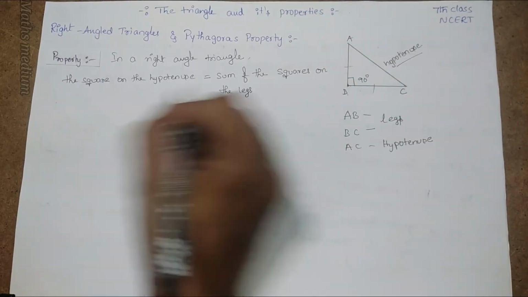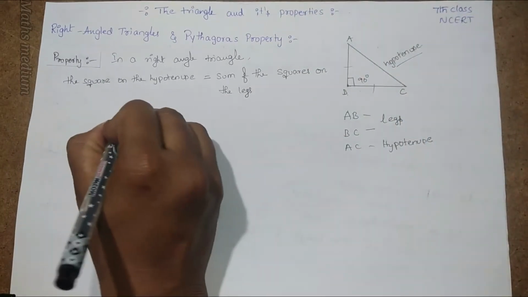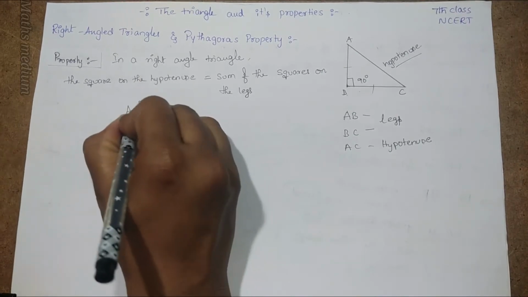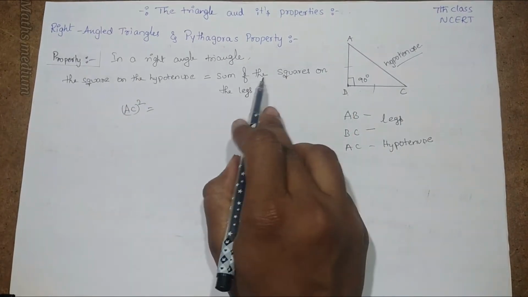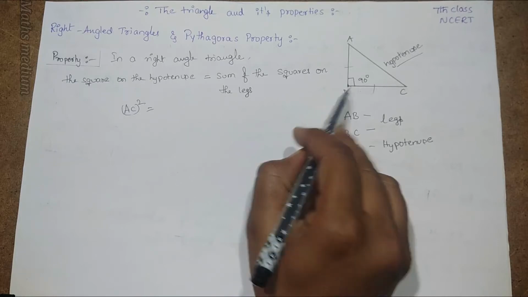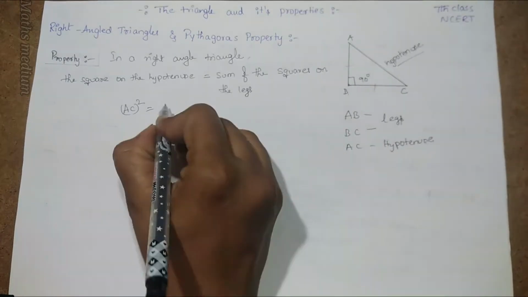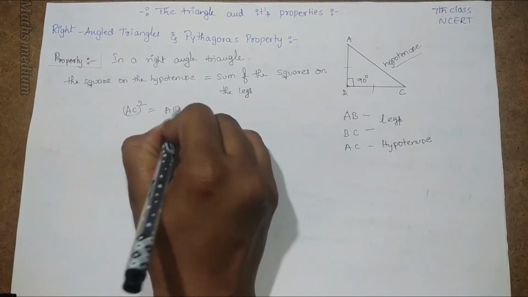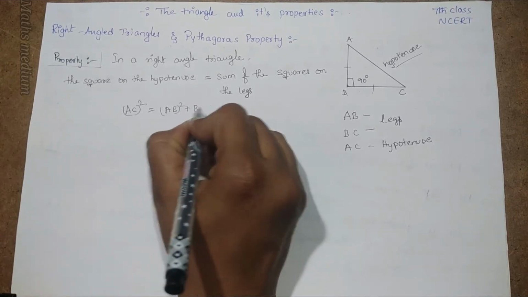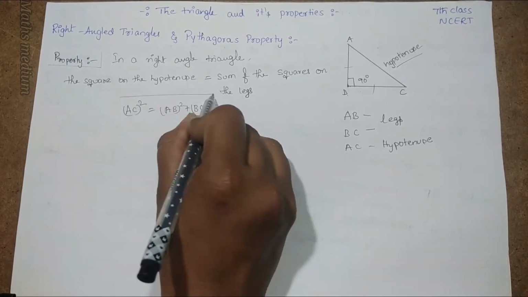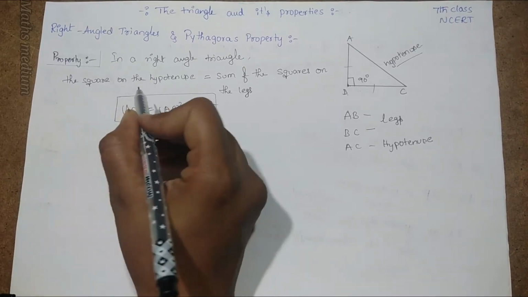It means here the hypotenuse AC square is equal to the sum of AB square plus BC square. This is the property of a right angle triangle.